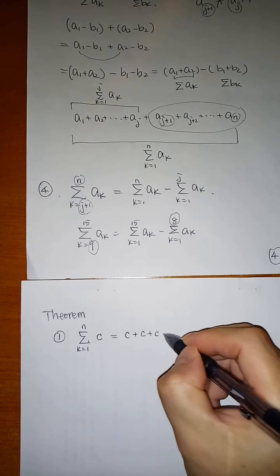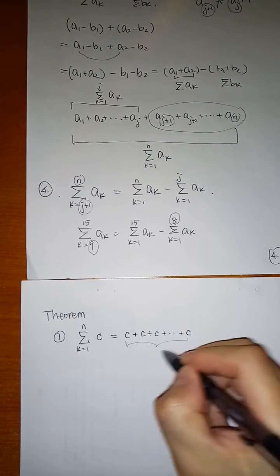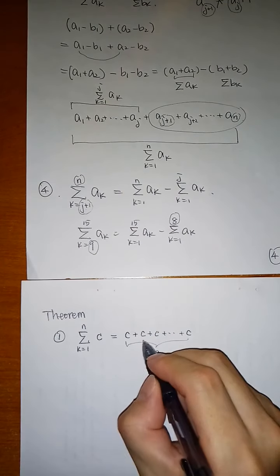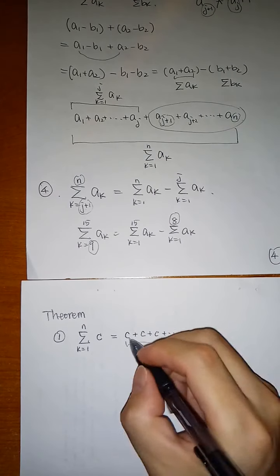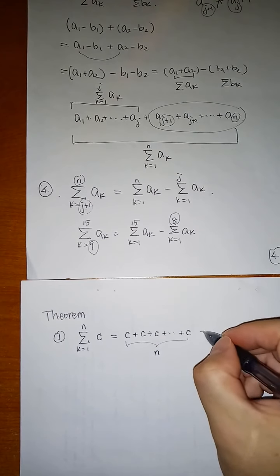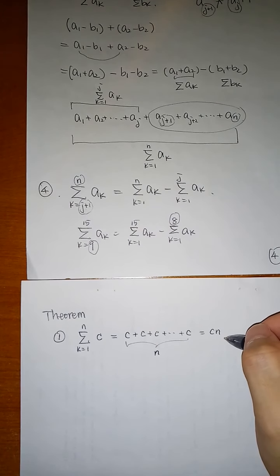K is 3, it is c. Up to k is n, it's c. So how many c do you have? You start from 1, 2, 3, 4, 5, up to n. So there are n copies of c. By the definition of a product, it's c times n. So that's the first formula.